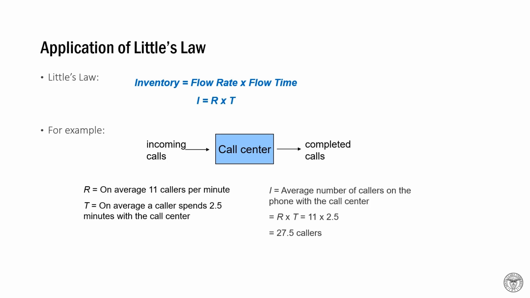According to Little's Law, we can calculate the average number of callers I on the phone with the call center at any given time by multiplying the flow rate R by the flow time T. This results in I equals R times T equals 11 calls per minute times 2.5 minutes equals 27.5 callers.